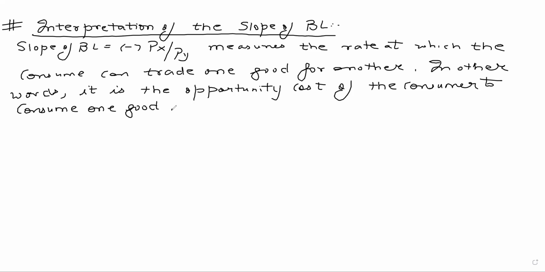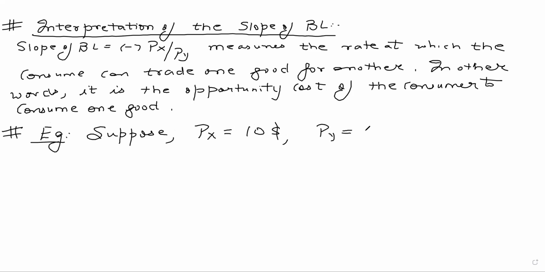So guys, let's understand this interpretation through an example. Suppose price of good X in the economy is $10 and price of good Y in the economy is $2, hypothetically.